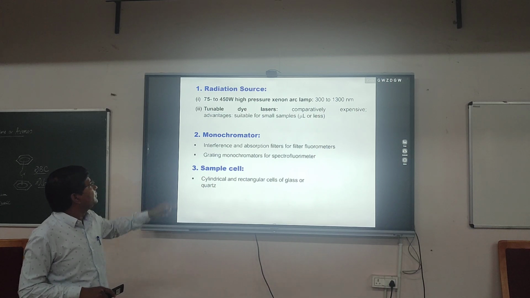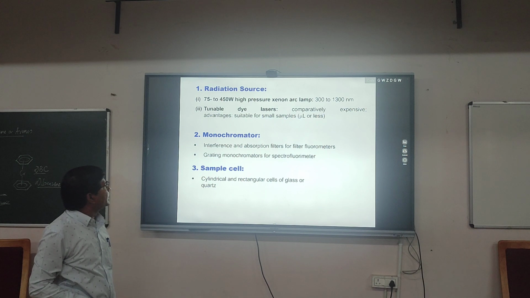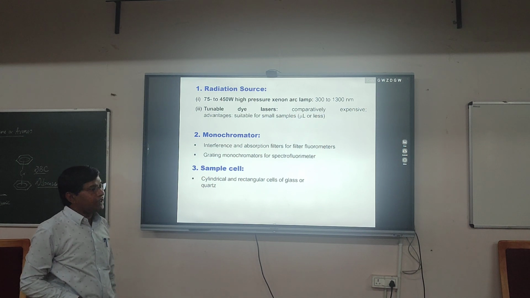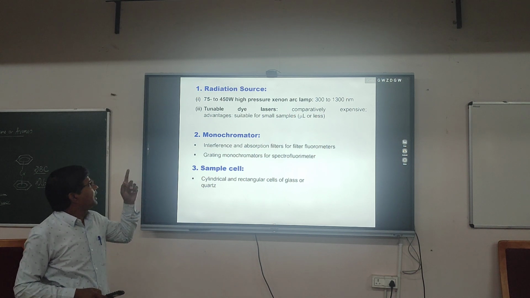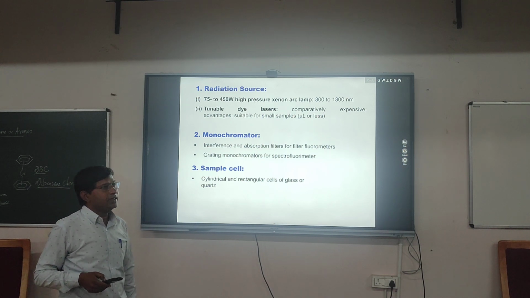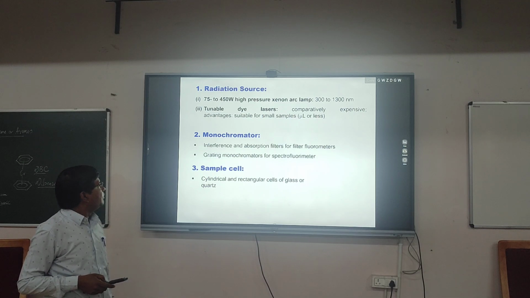Or we can use a tunable dye laser. You know that a laser is more sensitive and selective than an arc lamp. And we have a monochromator.